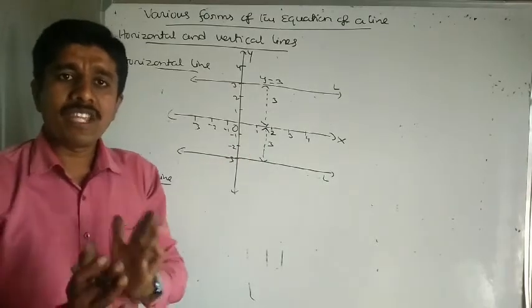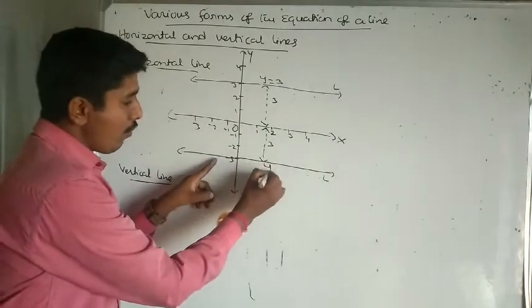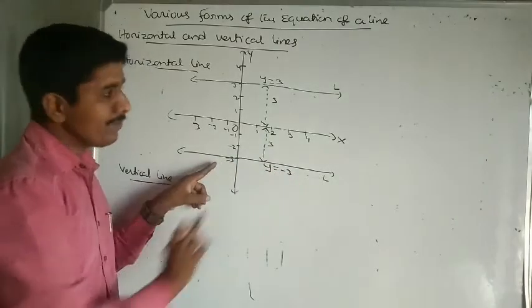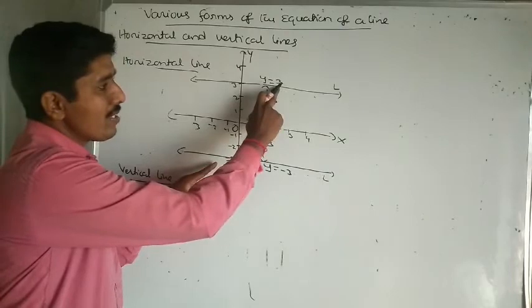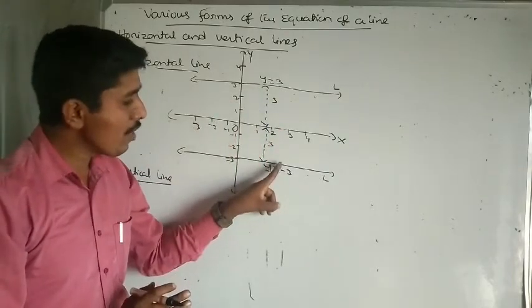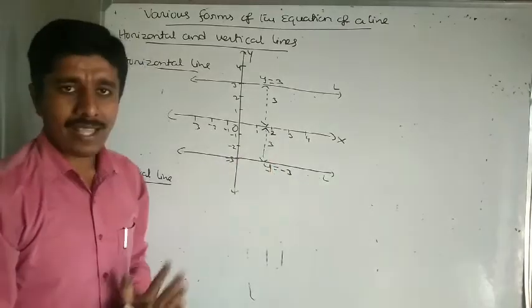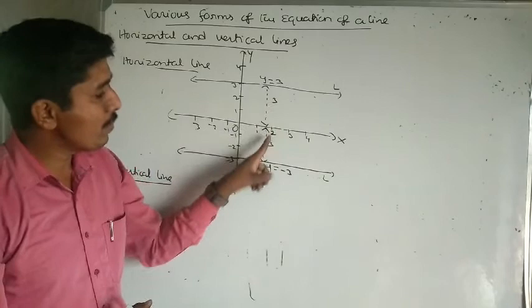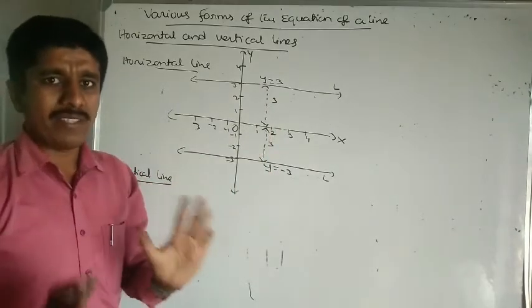Therefore, the equation of this line is y equal to minus 3, not plus 3. This is y equal to plus 3 because this line lies above the x-axis. This is y equal to minus 3 because this line lies below the x-axis. Mind it, both lines are at the same distance from the x-axis. Very important this is.